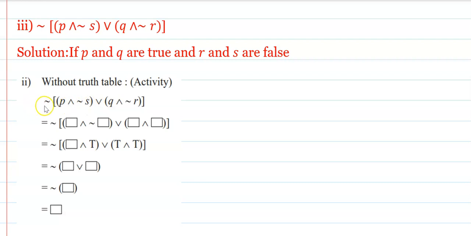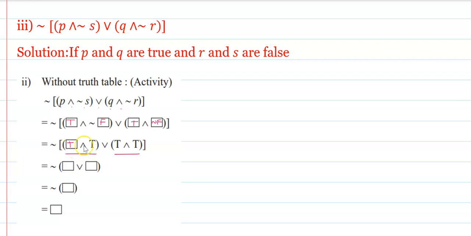Now here, negation of in bracket P and negation of S, or Q and negation of R. P is true, therefore I will write T. R and S both are false, so again F. Q is true, R is false. Negation of F is true, or again T.